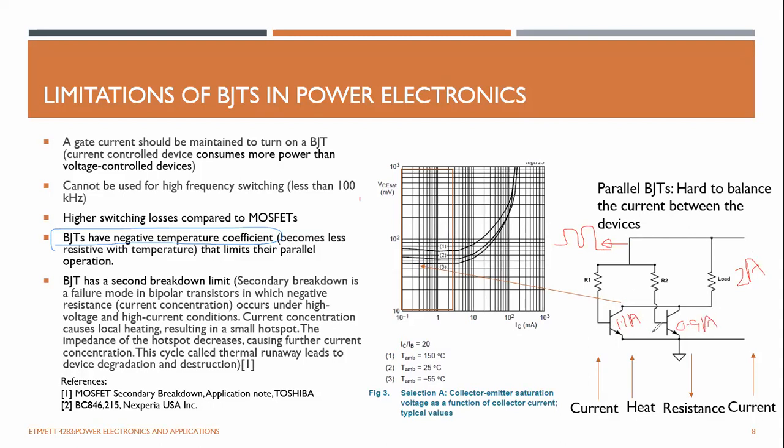Because transistors are not ideal, when manufacturing, there could be tolerances. In simulation, you can get the ideal cases, but in real life, one can drive more current compared to the other.